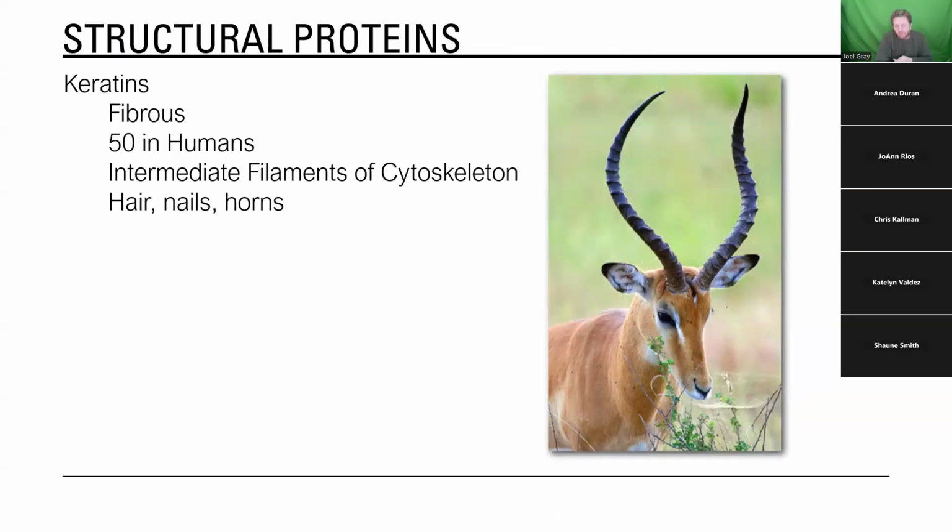There's lots of different proteins in humans, and structural proteins are generally very rigid. An example of a structural protein would be keratin. Then collagen is another one. And then, keratin, collagen, actin.